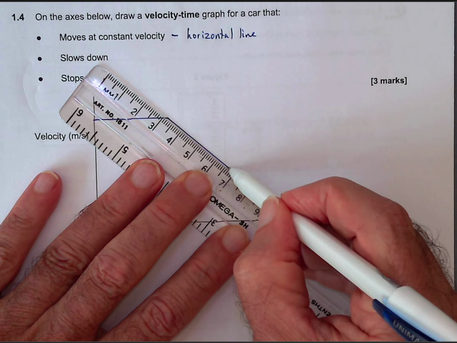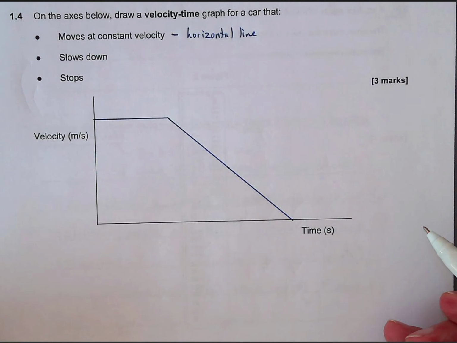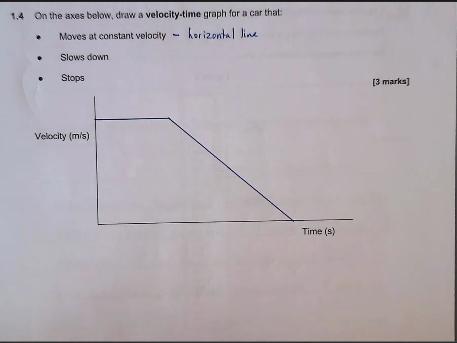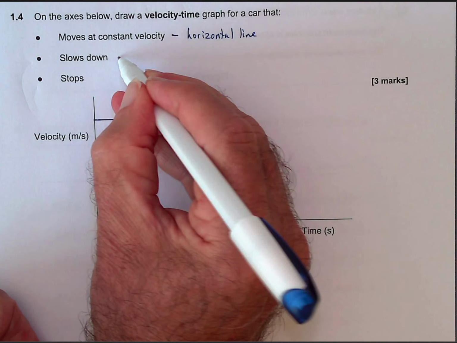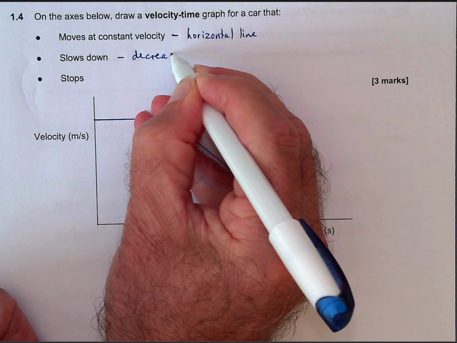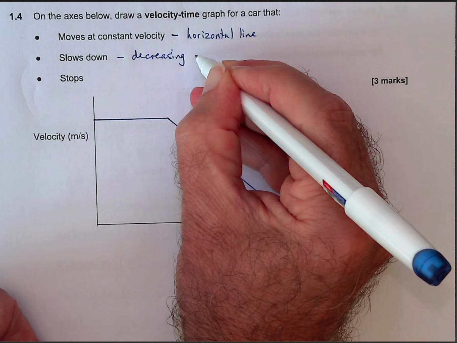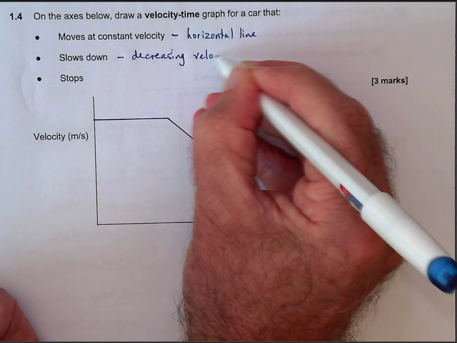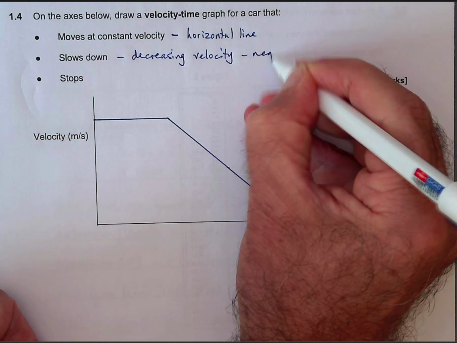So if it's got a downward slope, nothing happens in between, so it just reaches the zero on the velocity time graph. So it moves at constant velocity, so this is a decreasing gradient, a decreasing slope. The velocity is decreasing, so it's a negative gradient.